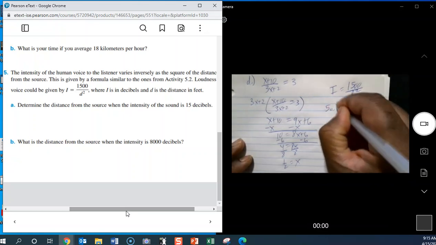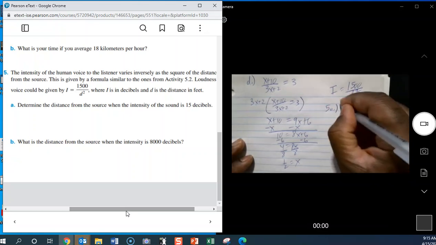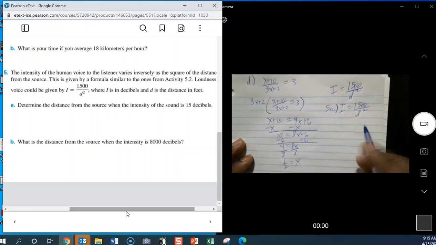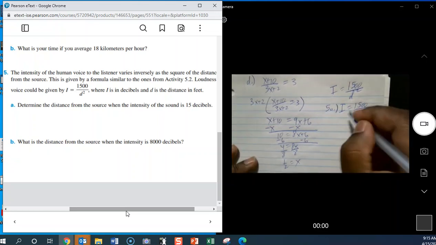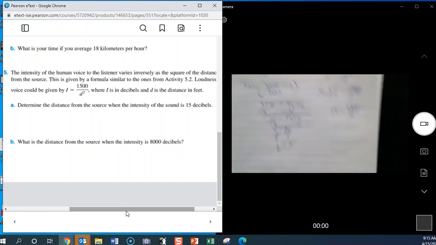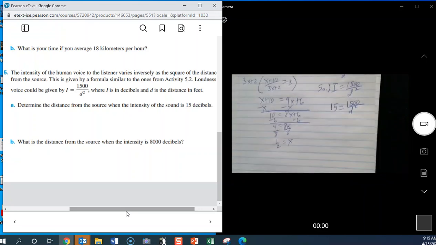So this is 5A. They want us to take this formula, I equals 1500 over d squared, and they tell us that I is equal to 15. So we are substituting 15 for the I, and we have 1500 over d squared. Now, we want to find out what d is equal to.